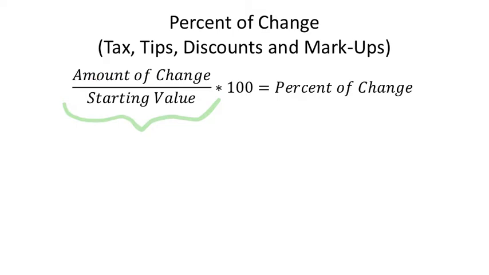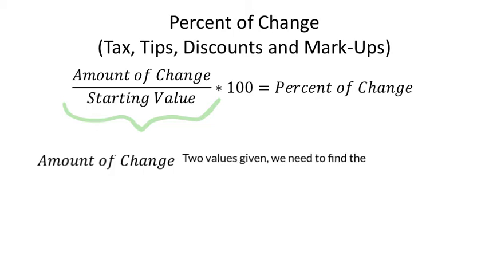When we say we're looking at an amount of change here, that means that there are going to be 2 values given. We need to find the difference between the 2 values. Now, when we say difference, perhaps I should be more specific here, but we are talking about subtraction.